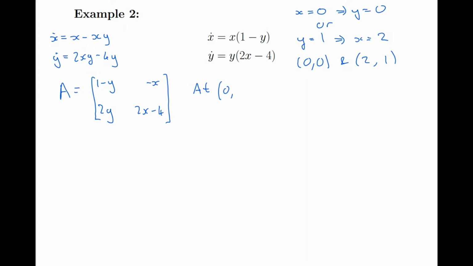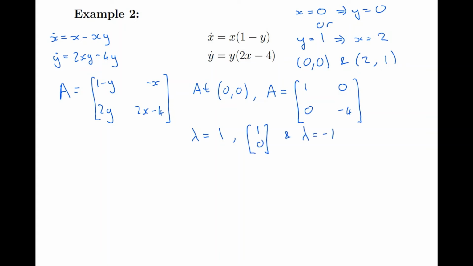At (0, 0), substitute in x equals 0, y equals 0, I get [1, 0; 0, -4], which means, it's a diagonal matrix, the eigenvalues are 1 with eigenvector (1, 0), and eigenvalue -4 with eigenvector (0, 1).